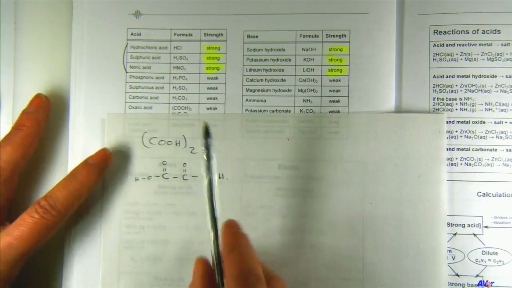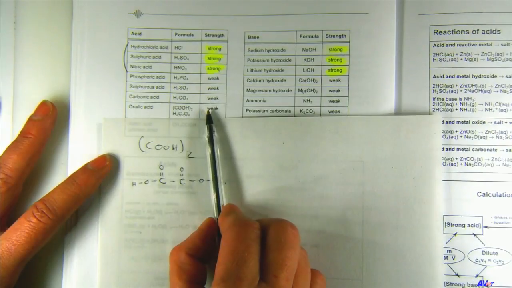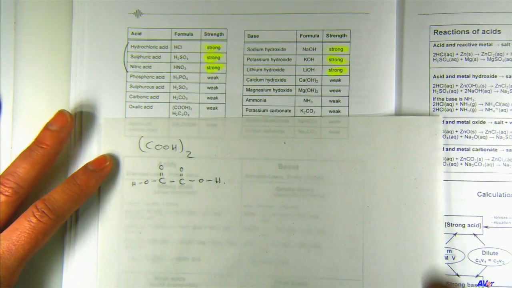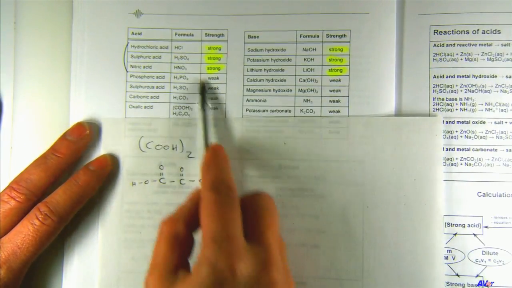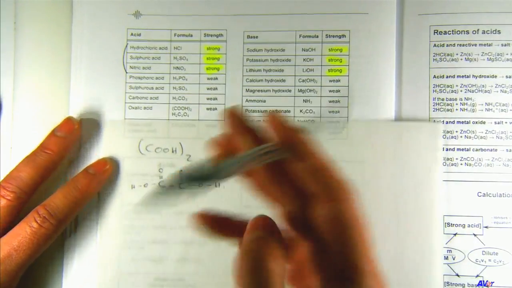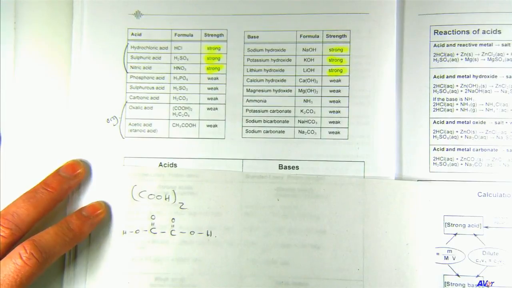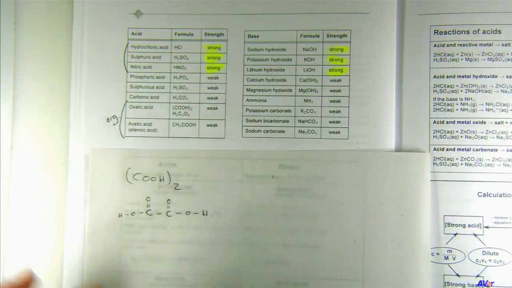So usually we prefer that top one, (COOH)2. But now some textbooks and sometimes even the Department of Education have started writing it the other way around so that it looks more like those. Now these bottom 2, we call them organic acids because they've got a lot of carbon. So these ones are different.